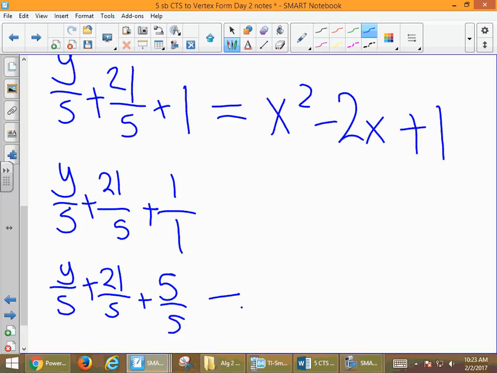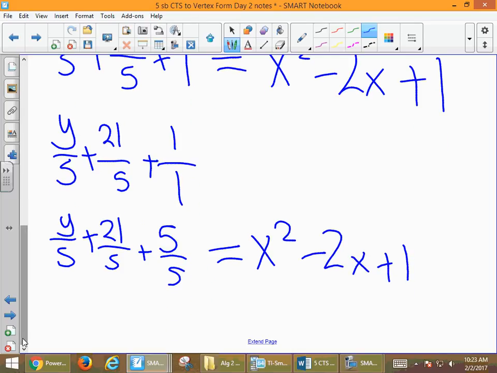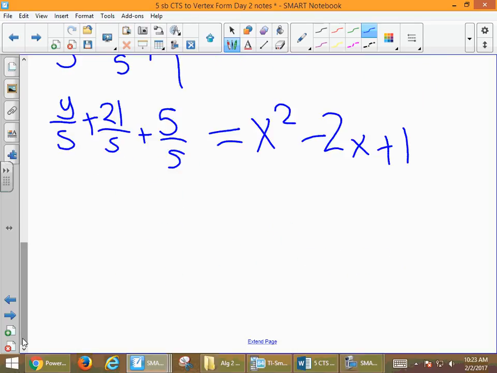And I'm going to write our right side over just to remember that it's there as well. And so what is 21 plus 5? Tiffany? 26. So we have y over 5 plus 26 over 5.